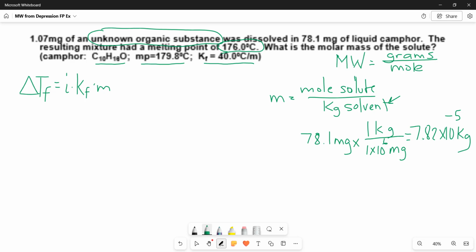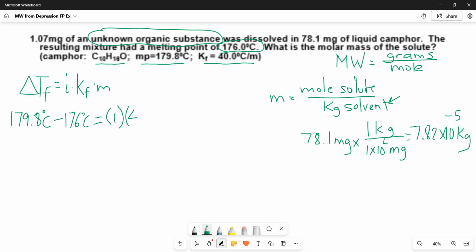The next thing that I'm going to do is find that molality. So I know that the original freezing point is 179.8 degrees for the camphor. I know the new freezing point is 176 degrees Celsius. So the difference in these two is going to be the depression of it. Okay? The Van Hoff factor, because this is organic, covalent, it is not going to dissociate, so the Van Hoff factor is 1.